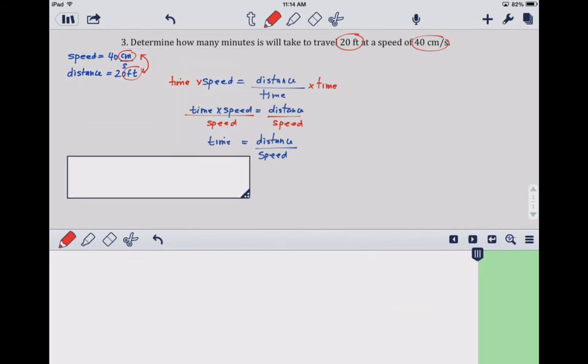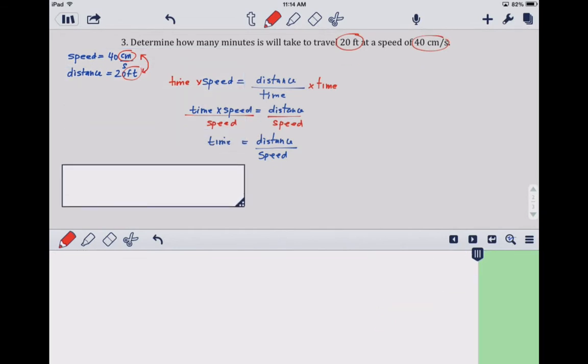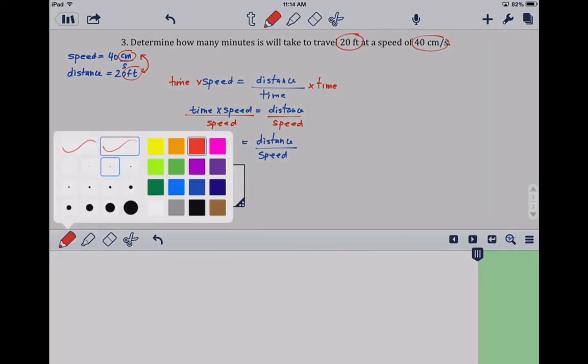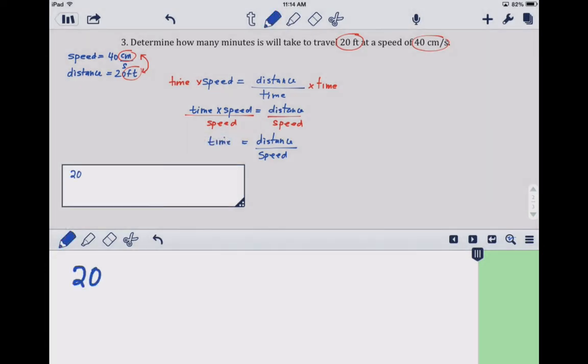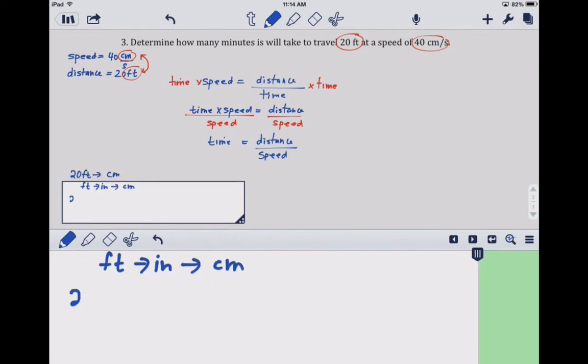So I'm going to approach this problem by, before I use my equation, converting 20 feet to centimeters. This is going to require two steps because I'm going to have to go from feet to inches and then inches to centimeters. So, set up 20 feet, need one conversion factor, need a second conversion factor, all in hopes of getting to the end of centimeters.